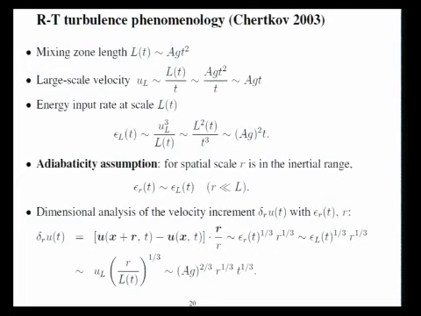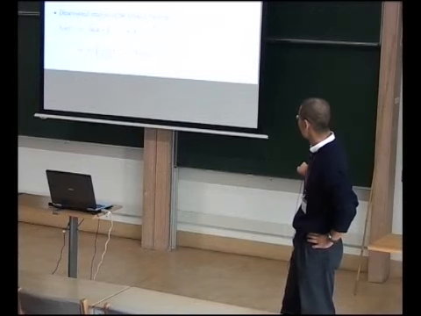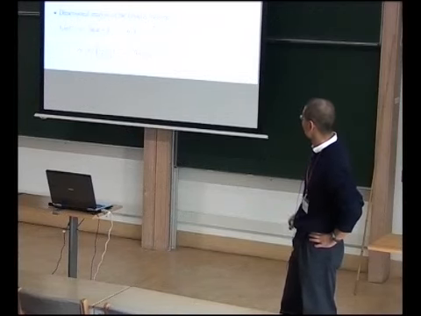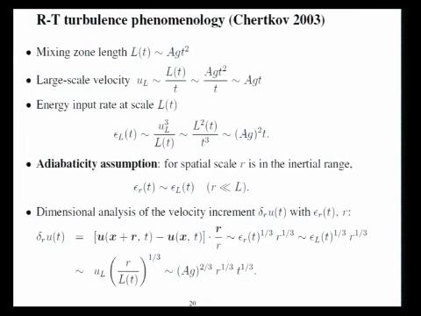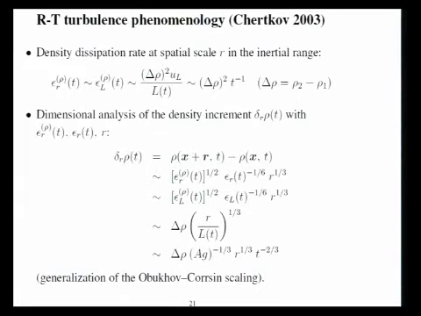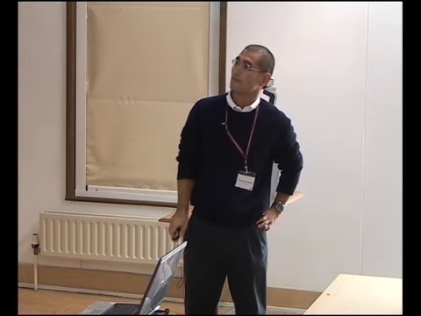The important thing is that the scale is different, but the value is the same at the same instant. That means an infinite speed of the cascade. Then we can dimensionally argue that the velocity difference scales this way, with epsilon_r equal to epsilon_L, and epsilon_L is given here.